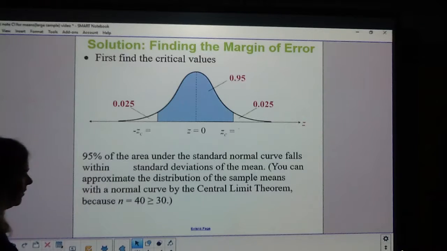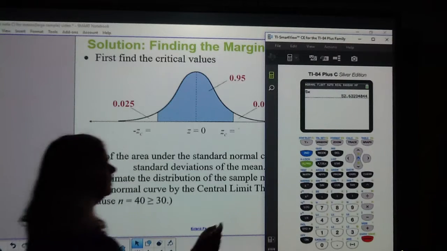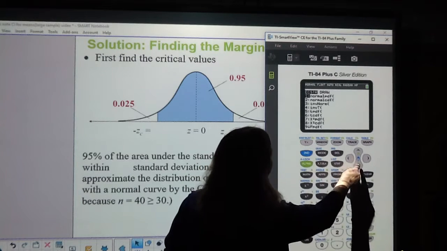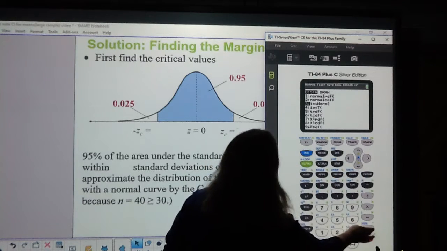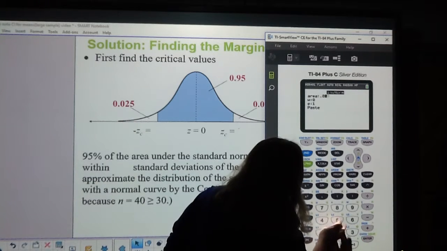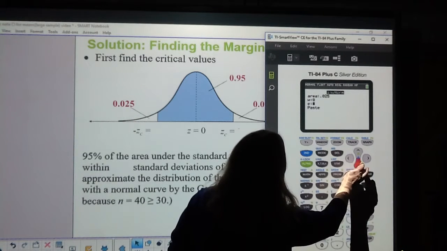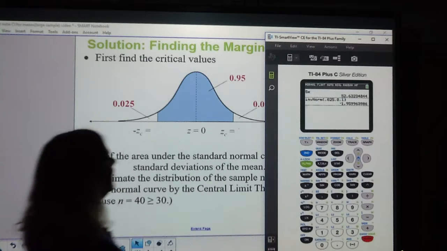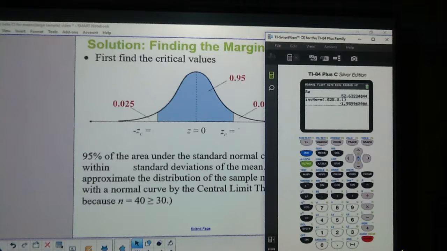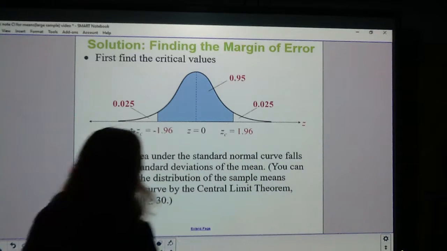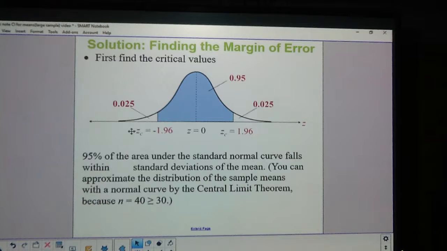So now, in your calculator, you would do second distribution, inverse norm, and 0.025, 0, 1, mean, standard deviation, and that is my negative Z of C. And you know the positive is the same number, just positive.